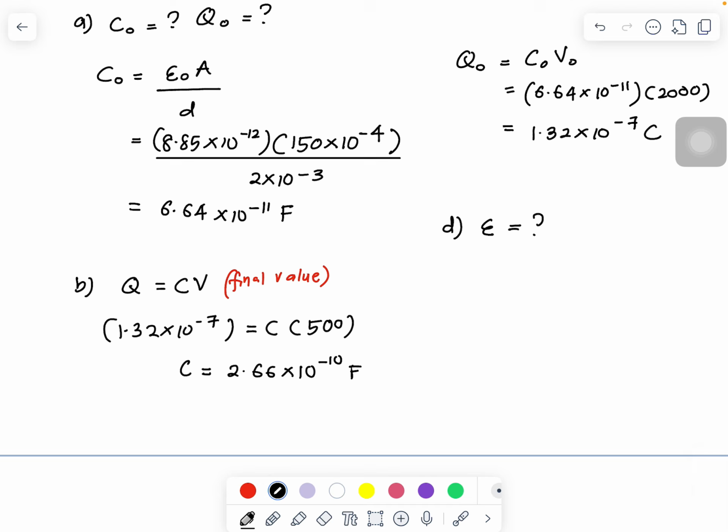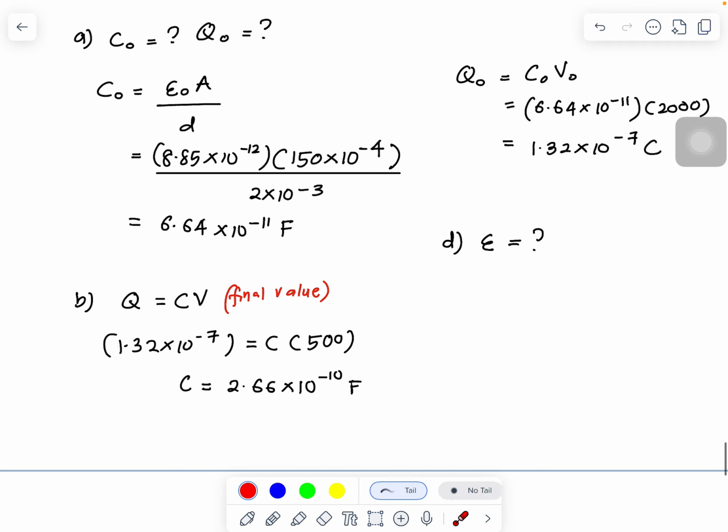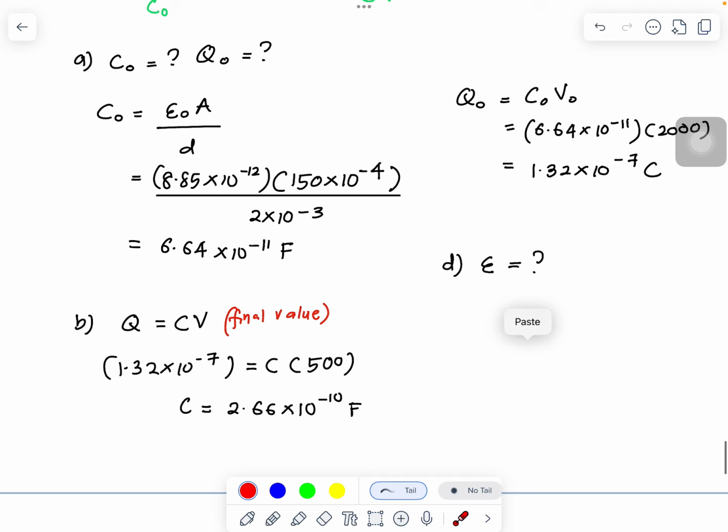Okay, soalan D, kita mau kira epsilon. So ini sebenarnya ada banyak cara yang kita boleh gunakan. Kita boleh guna formula in terms of C naught, in terms of C final. So what I want to use is this formula, yang kita guna in the previous example, di mana epsilon r equal to V naught over V. Di mana kita kira epsilon r dahulu.